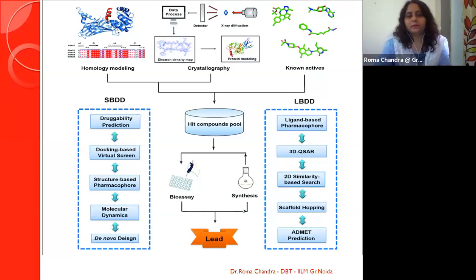ADMET will help to understand whether the ligand is suitable enough, the structure is suitable enough, and will it go and bind to the receptor? Will it be able to be absorbed, or will it be able to distribute across all the cells, moving across the cell membrane? Okay, based on suitable membrane potential, following the Lipinski rule of 5.